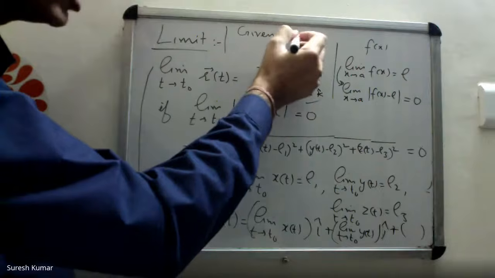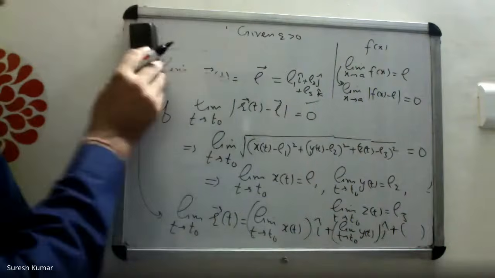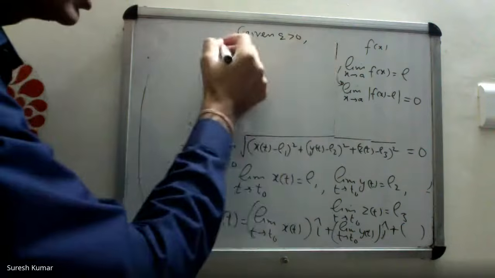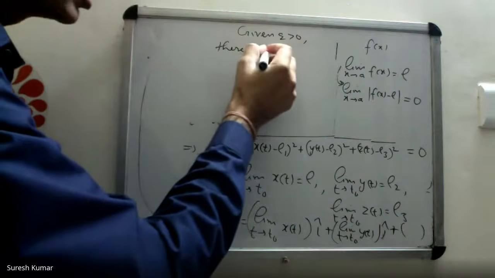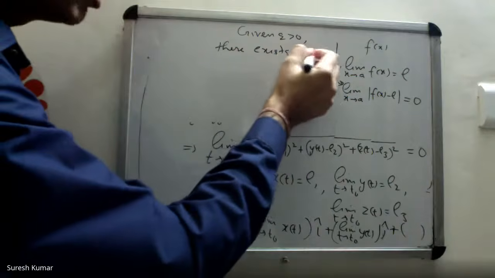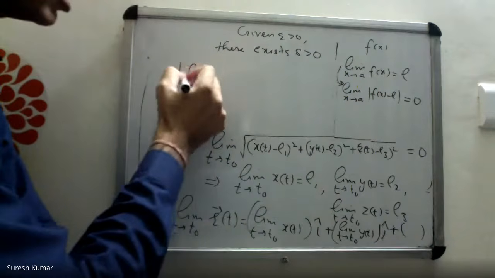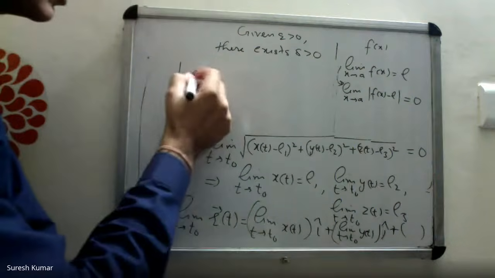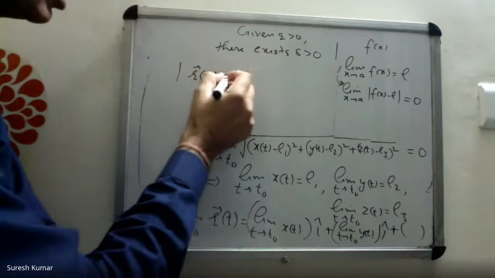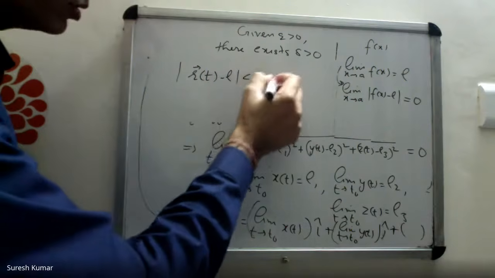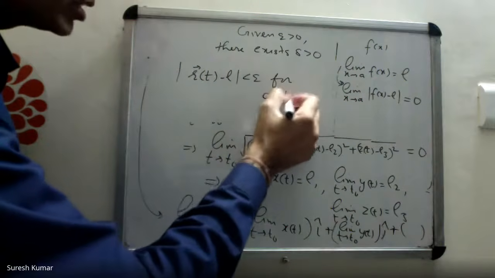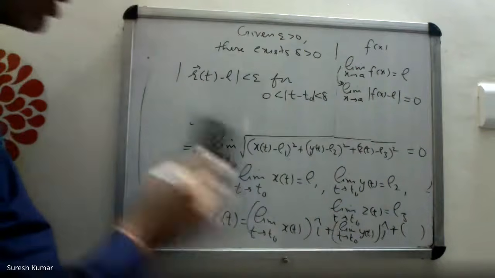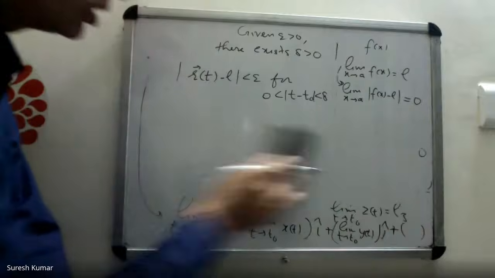Given epsilon positive, there exists delta positive such that magnitude of r(t) minus L is less than epsilon for 0 less than |t minus t0| less than delta. You need not use it in the problems.